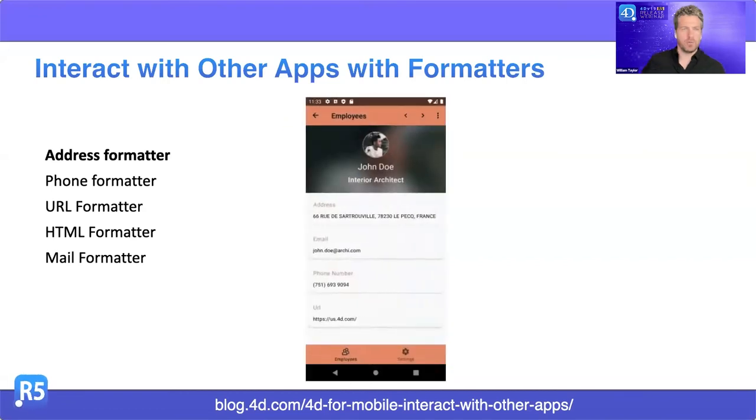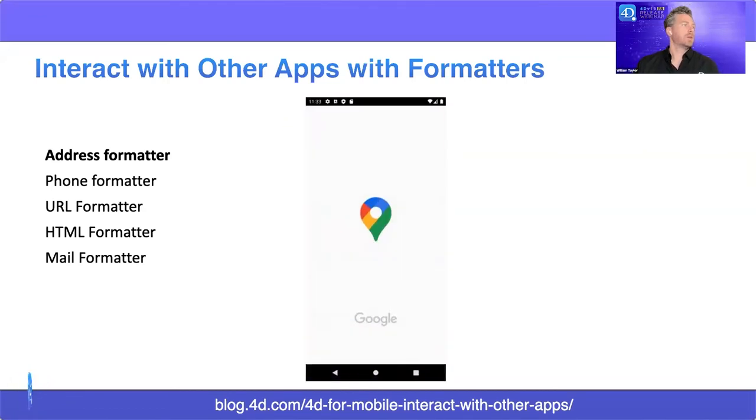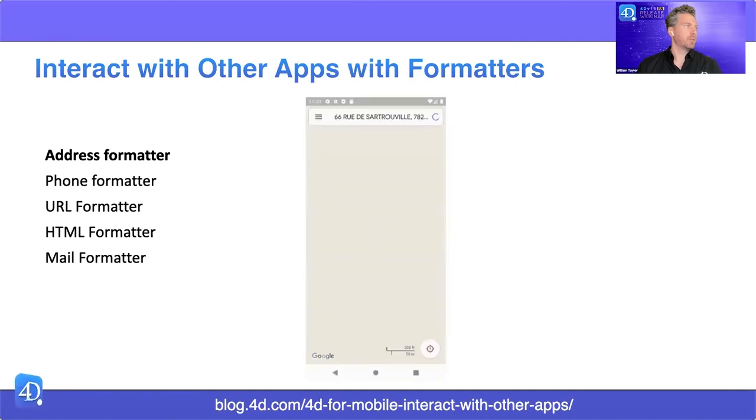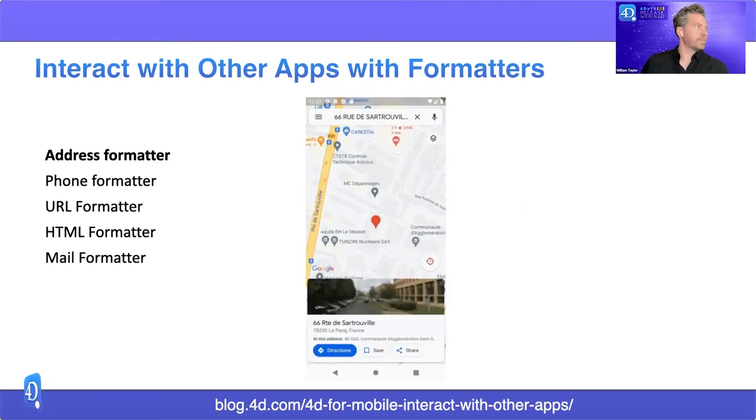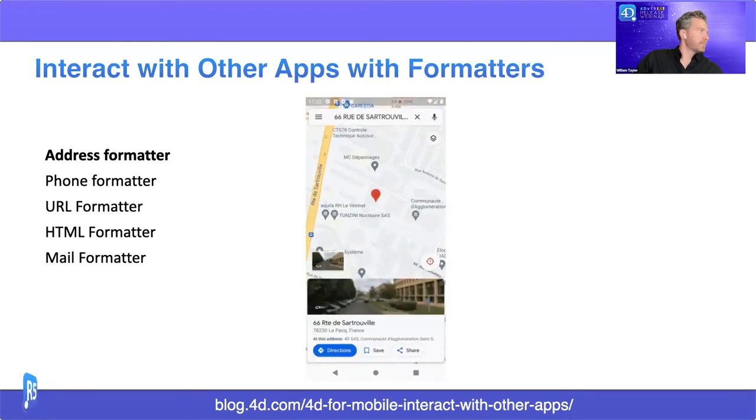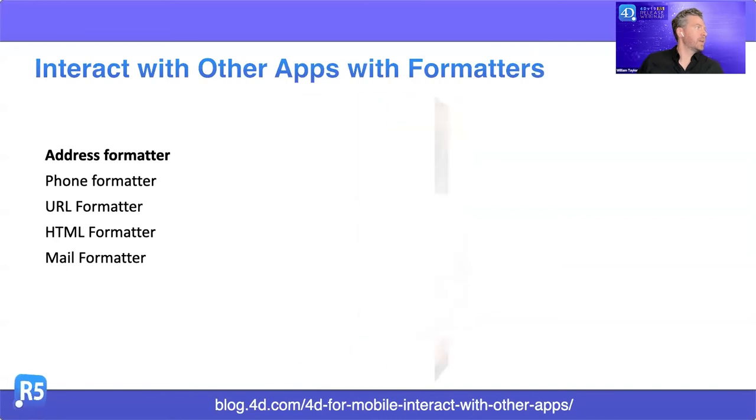So first we have the address formatter. Click on the address, and it opens up Google, and that's where the 4D France headquarters is. And next you have the phone formatter.